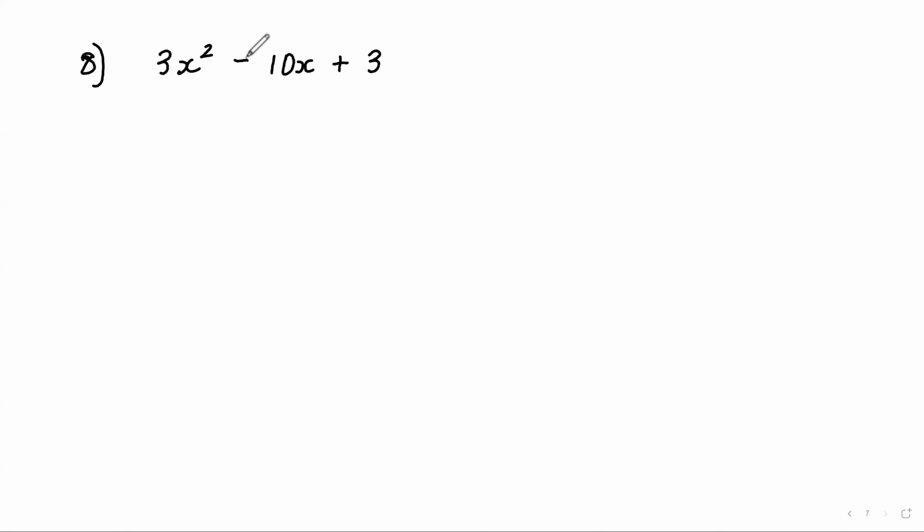A would be 3. So A is 3. B is minus 10. And C is? Plus 3. Yeah, C is also 3, right?